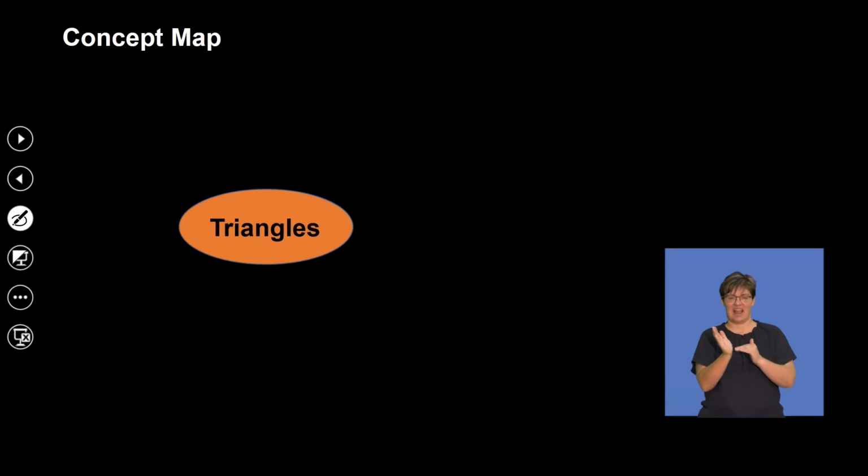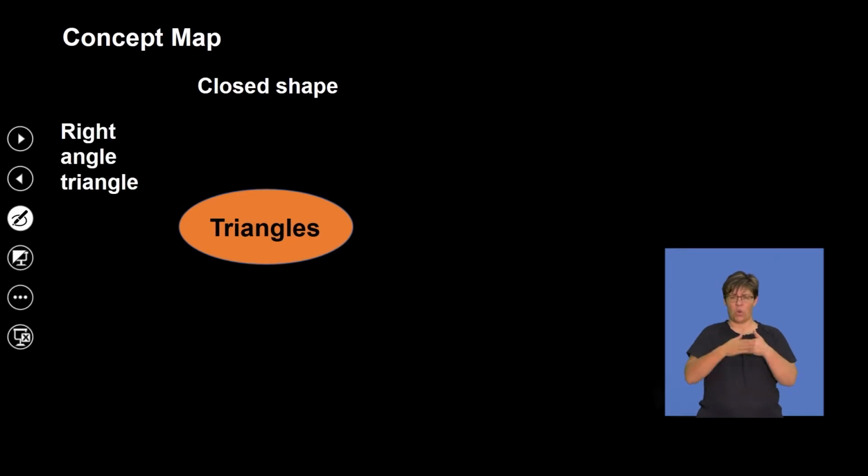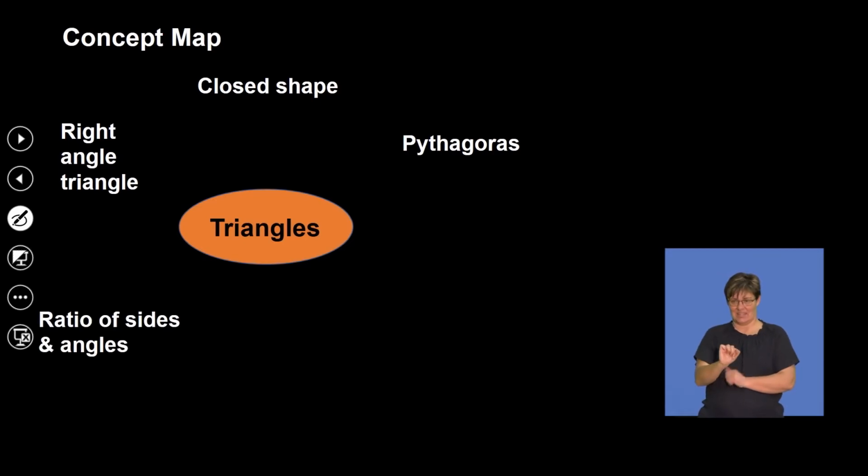But now our concept map of what exactly we're going to look at: this closed shape that we want to talk about is actually a right-angled triangle, not just any triangle. We're going to specifically look at right-angled triangles. Also, we're then going to jump into Pythagoras' theorem, because with a right-angled triangle we can use the theorem of Pythagoras, which we'll look at at a later stage.